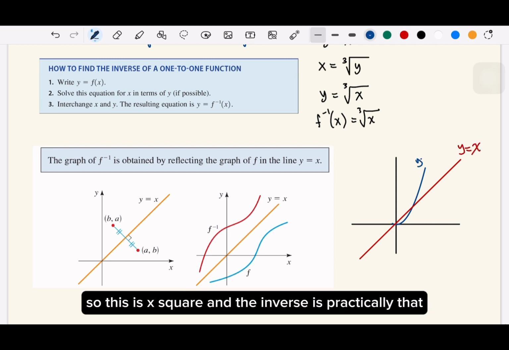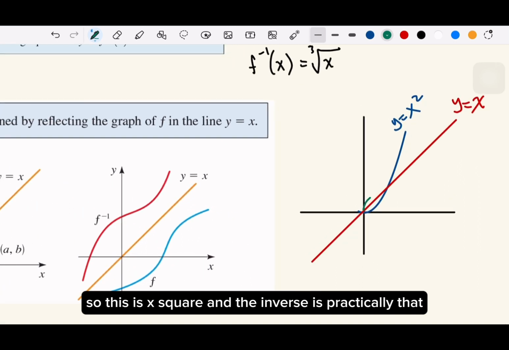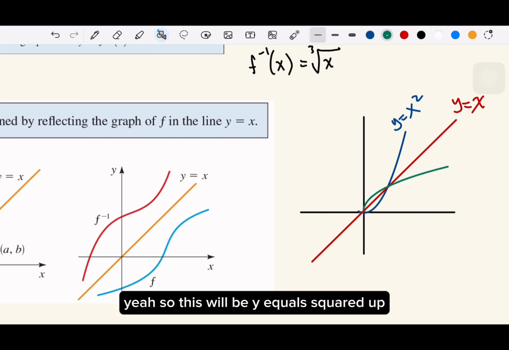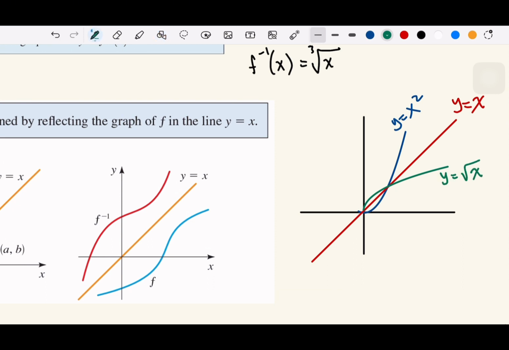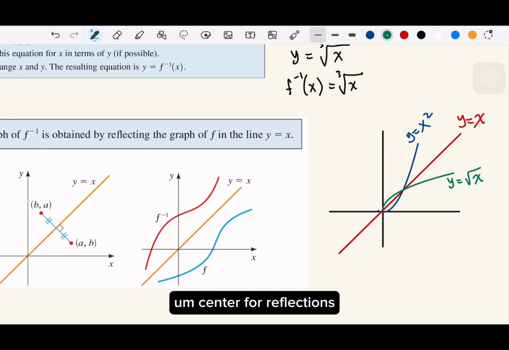So this is x squared, and the inverse is practically that. So this will be y equals square root of x. So you could visualize the inverse easily by taking y equals x as your center for reflection.